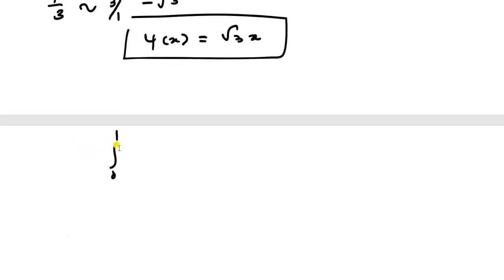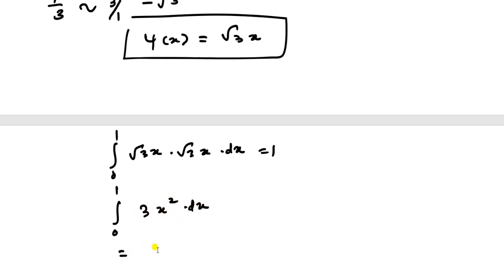That is, 0 to 1. The root 3 x is attached as the normalization constant, and the integral of root 3 x squared dx should be equal to 1. So this is equal to the integral from 0 to 1 of 3x squared dx.